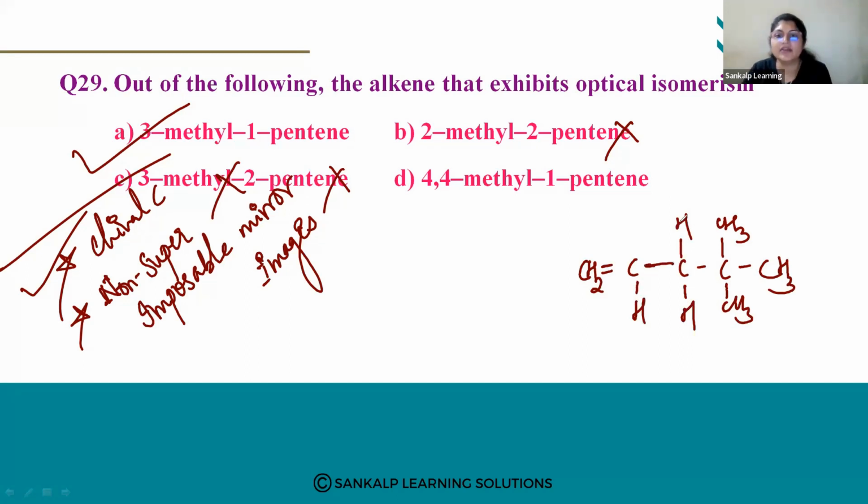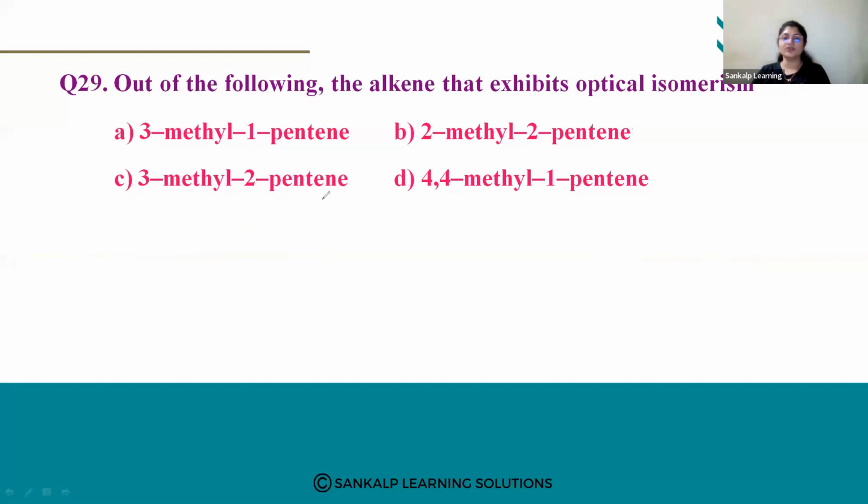Okay, now you check 4, 4. So 1, 2, 3, 4. 4, 4 methyl, 1-pentene. Okay, so here also we are not having any. Okay, so the answer is A only. Understood? Like this, you have to solve for the structures. We'll go for the next one.